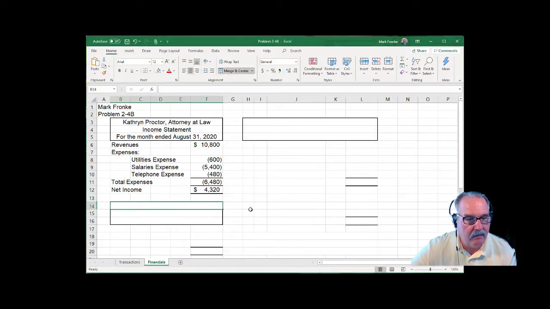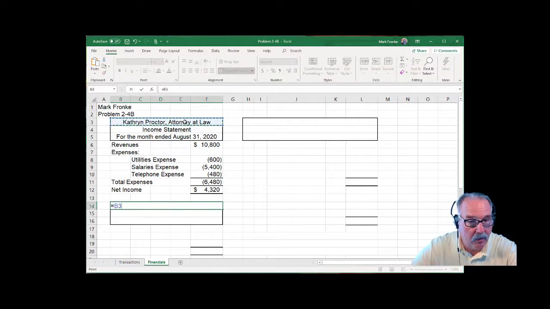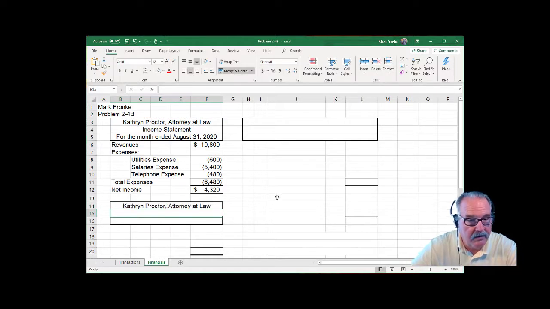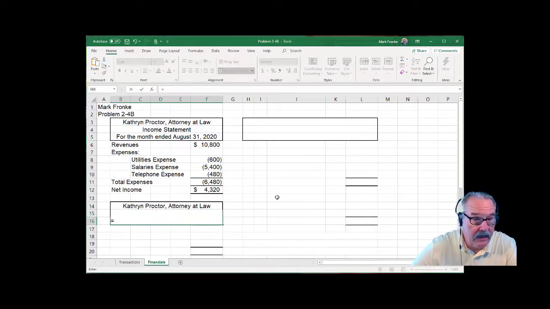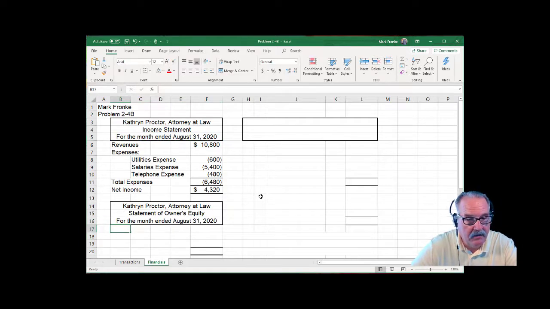We're going to do that down below here. We have the same company name, of course, Catherine Proctor, attorney at law, and this is called a statement of owner's equity. And it's the same period for the month ended August 31st.